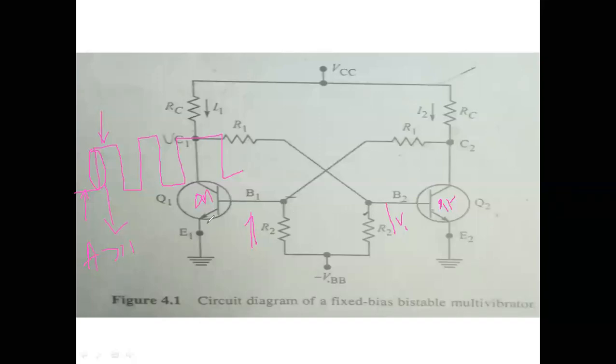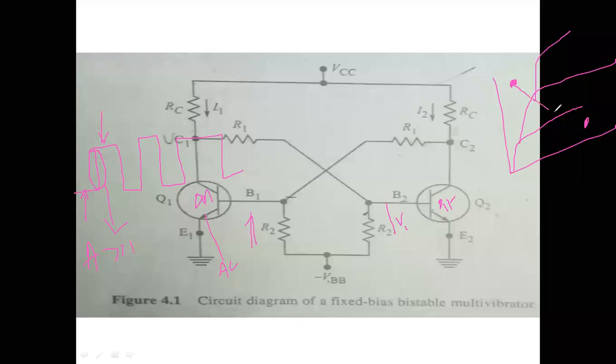That means when the transistor is in the active region. If you draw the characteristics, we are operating at the saturation point and making the transistor move to the cutoff zone. It is moving from here to this point through the active region. When the transistor is operating in this region, the loop gain should be greater than 1.